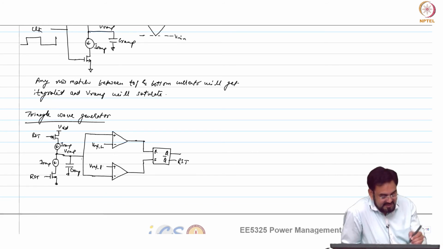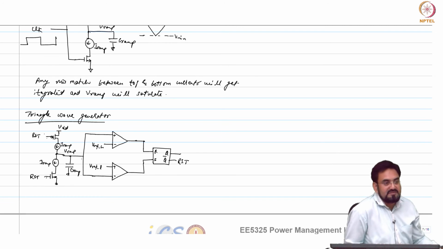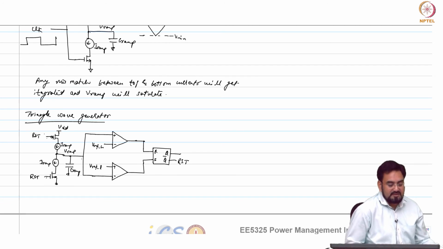Now let us say if discharging and it goes below this VREFL, what will happen? This will go high, this will set. So reset will go low. Reset goes low means this NMOS will turn off and PMOS will turn on.